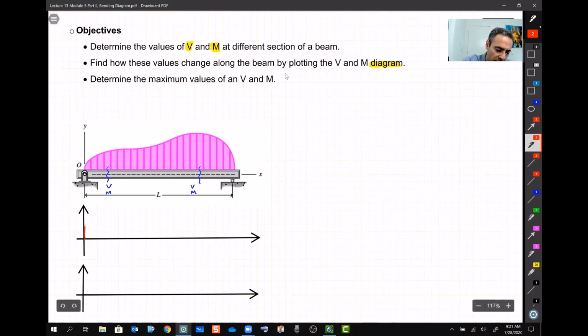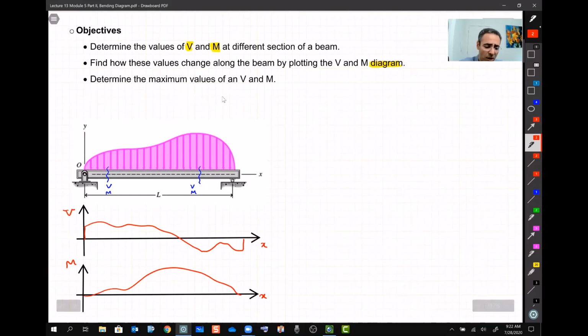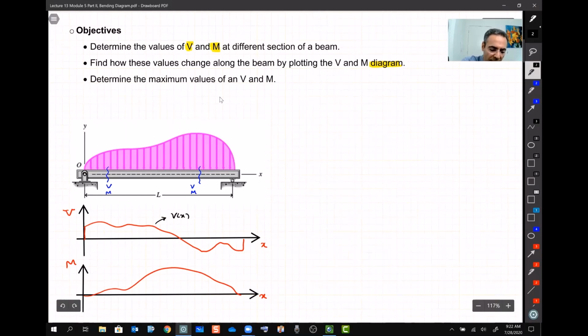This is V, and this is M, and maybe M is going to change something like that. They are functions of x, all right? So our task is finding these V(x) and M(x), and drawing them.